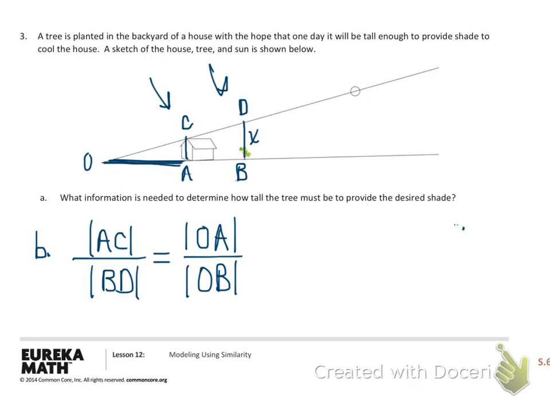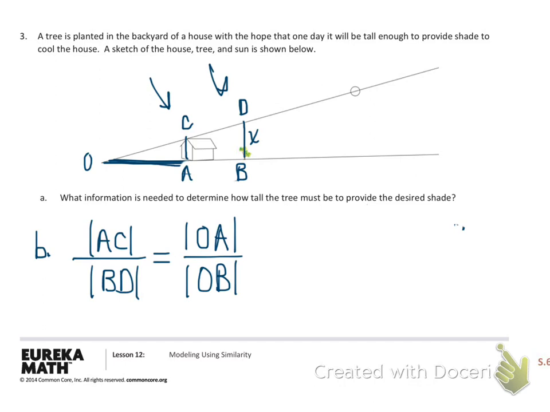Okay, so I put the small triangle for both of these ratios. The part that's in the small triangle is in the numerator, AC and OA, and the part that's from the large triangle is in the denominator, and that would be BD and OB. And the ratios are corresponding sides. So let's see what that looks like.